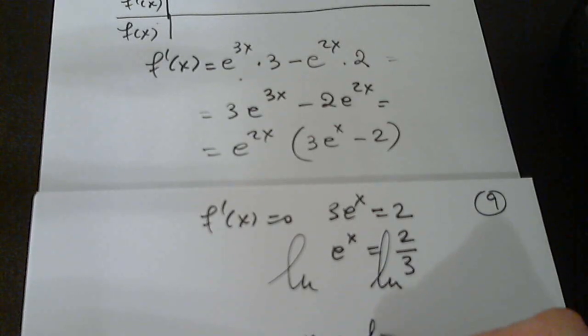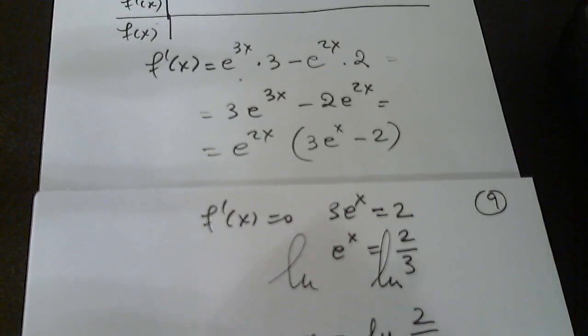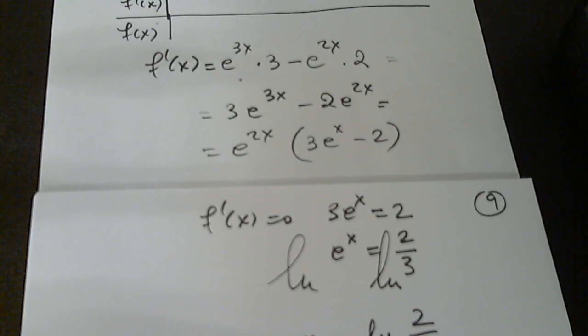So x equals natural log of 2/3. I don't know what this is. Obviously, I have to plug it in. If it's not between -2 and 1, then it doesn't belong in the table. Okay, so I want to see what natural log of 2/3 is.